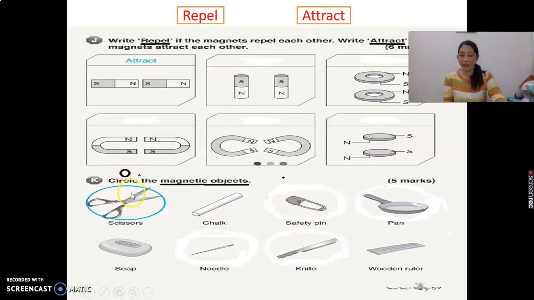And letter K: circle the magnetic object. Again, magnetic object. I hope you understand the term test 2 continuation.